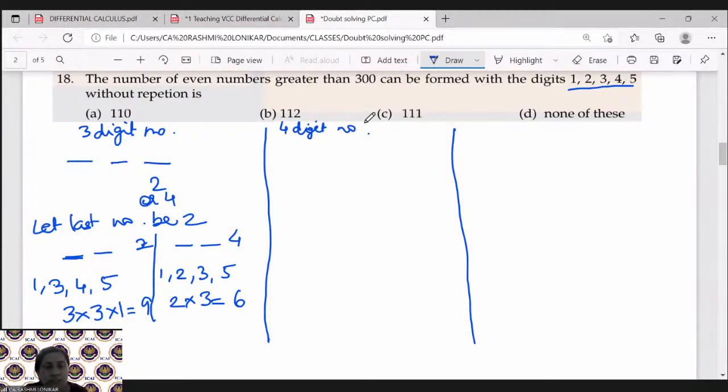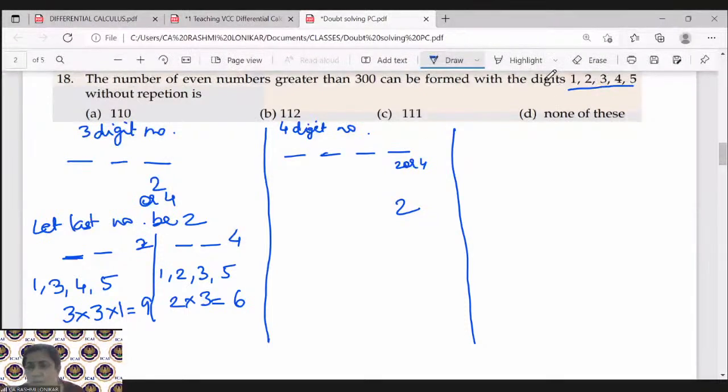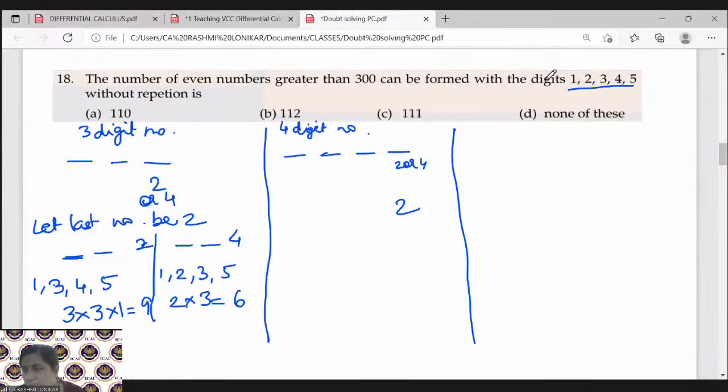Now 4-digit numbers. All 4-digit numbers will be greater than 300. Okay, I don't have a problem, but I need to have them as even. So 1, 2 and 3 and 4. Which are the numbers here? 2 or 4? So I have an option of 2. So out of these 5, 1 number is gone. So I have remaining 4.